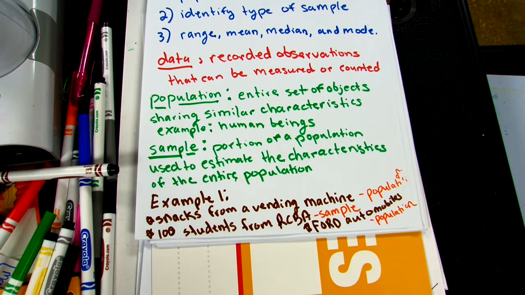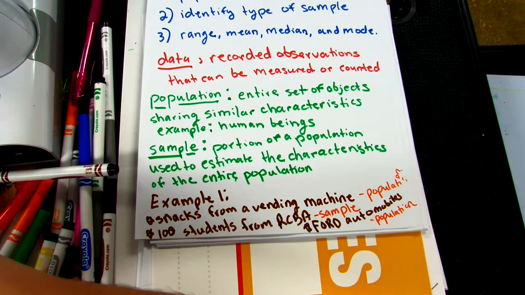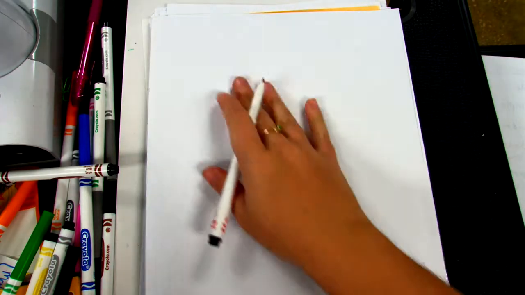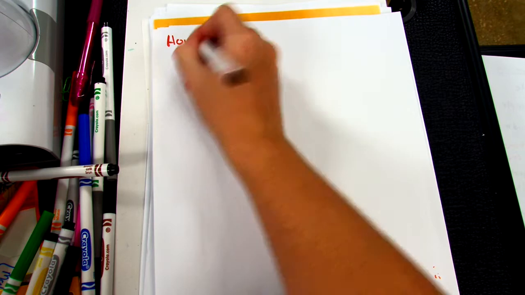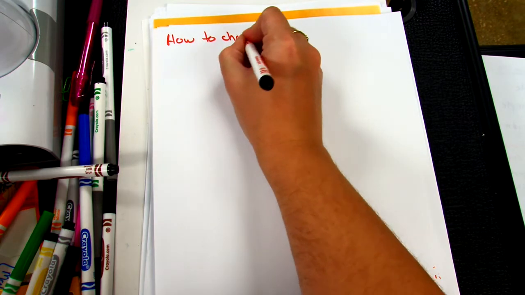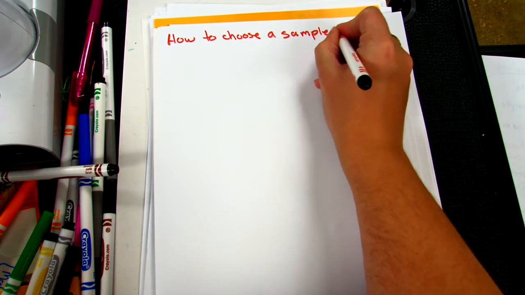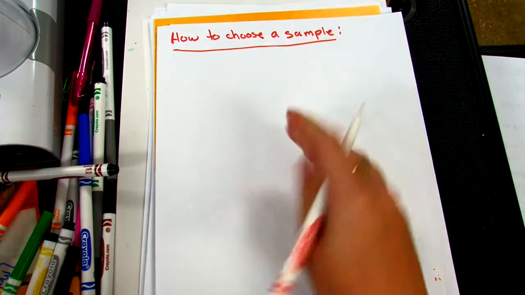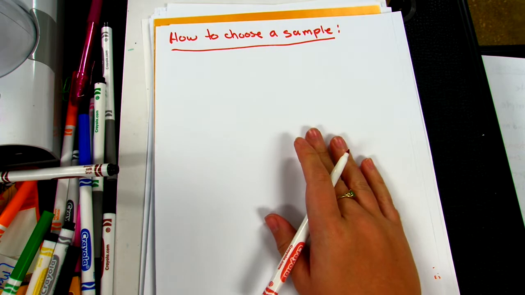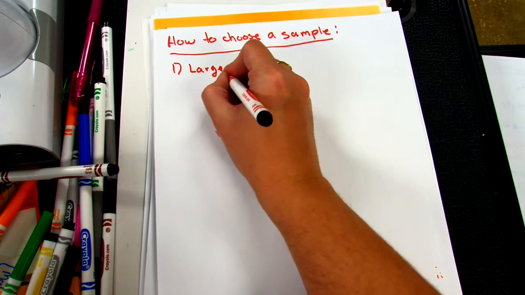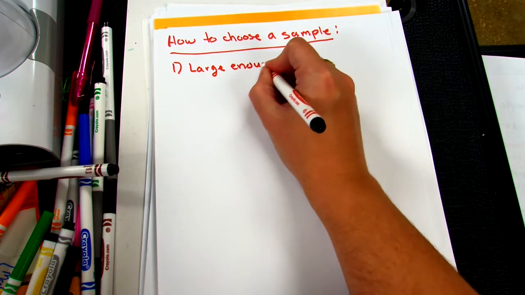Whenever you are obtaining measurements, it's so important to get a correct sample, okay? There are things that you need to consider when you're getting a sample. So when you're considering a sample, you want to make sure that they have the following. All right, so these are how to choose a sample. First thing, okay, it has to be a large enough sample.